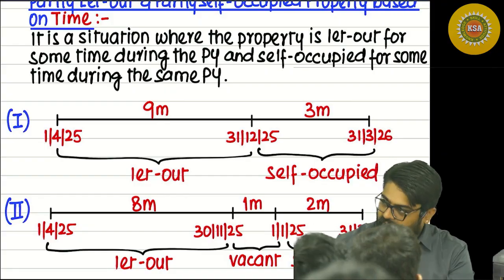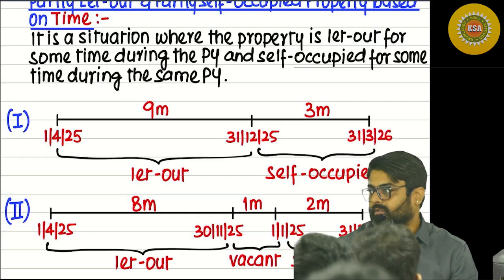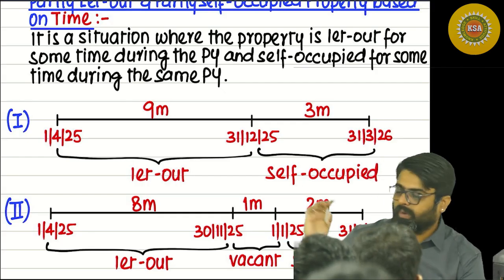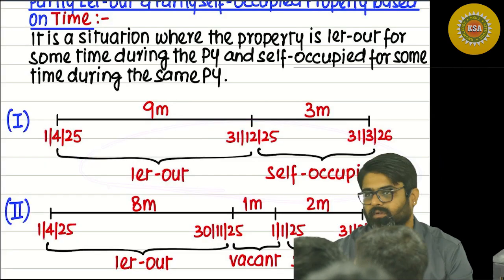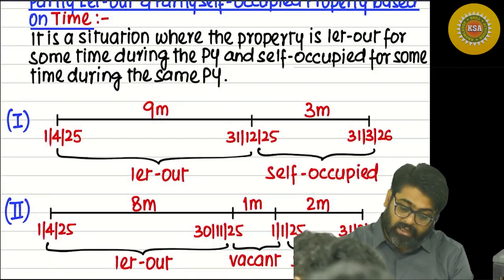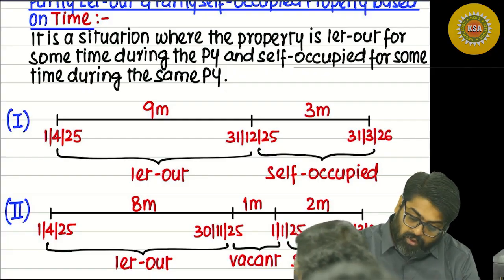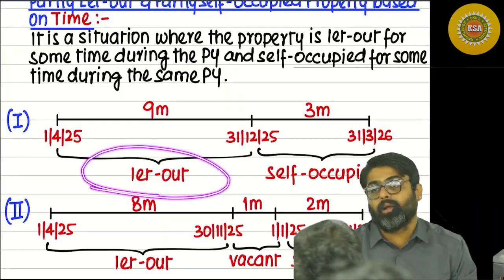For one previous year, a property will always get one status. You cannot give this property the double status of LOP and SOP both. Getting my point? You will have to choose whether I should call this property SOP, then for this year the status will be SOP, or should I call this property LOP? Now tell me, what will you call?